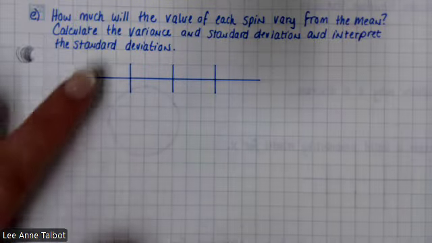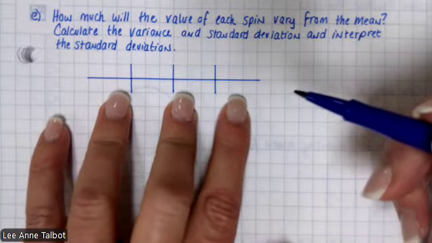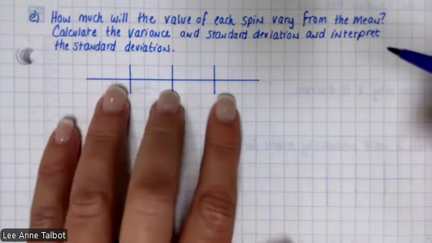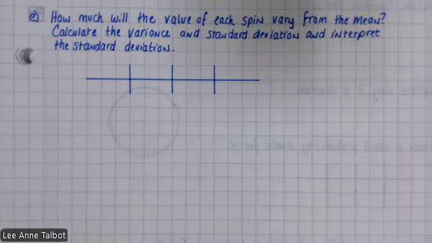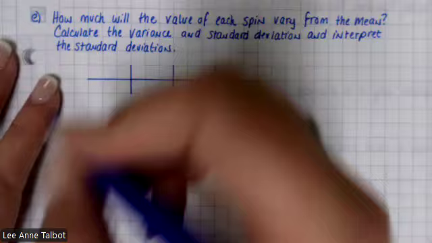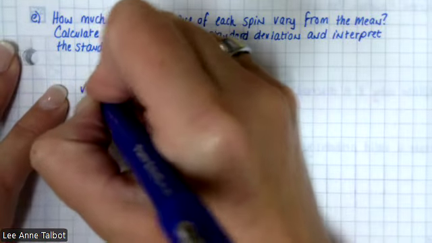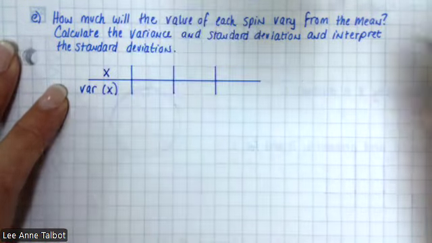We're going to find the variance and standard deviation of a weighted set of numbers, but I have good news for you. The calculator will do it. I'm going to show you how to do it by hand, and then we're going to do it on the calculator. We're going to do x and the variance of x.